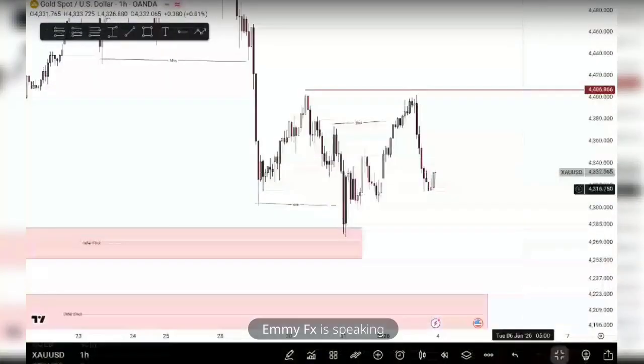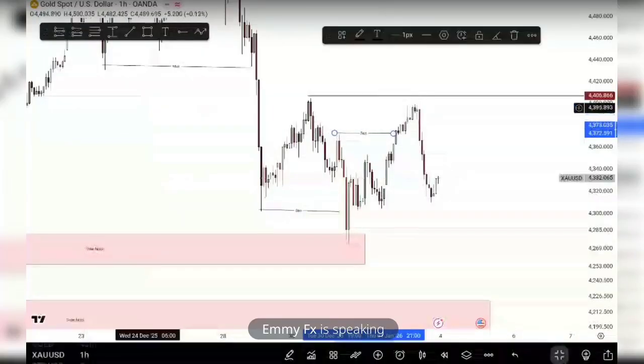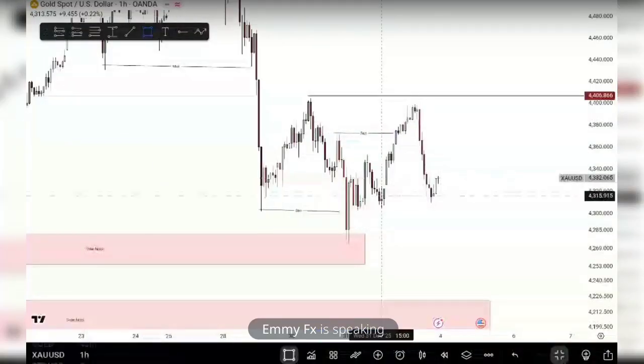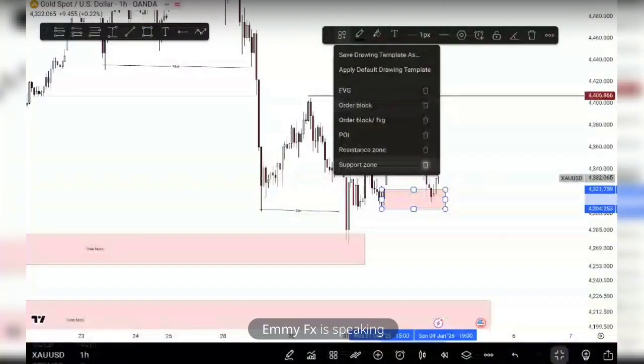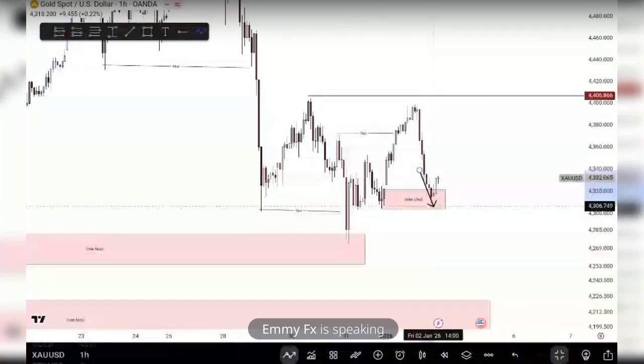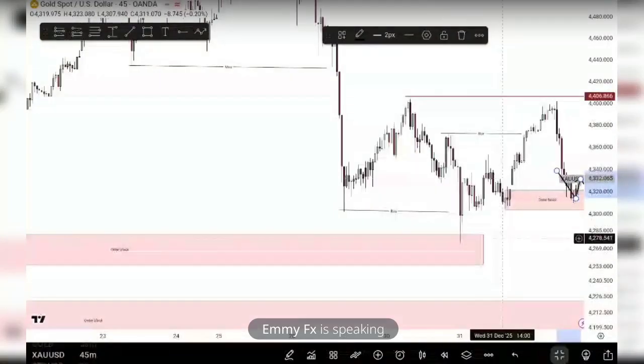I'm going to call this just a break of structure to the upside, not an MSS. So price reacted from this other block which is sitting here, and this shows just a little move.